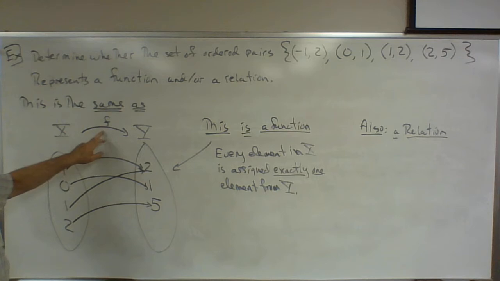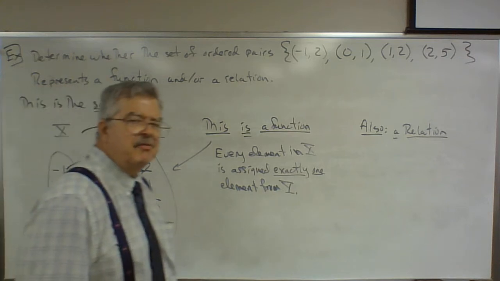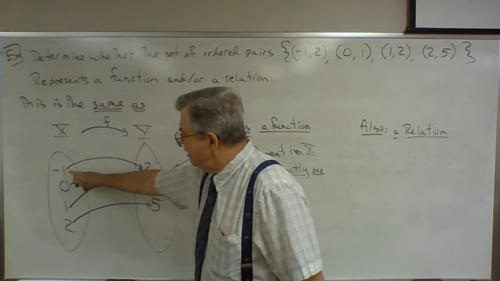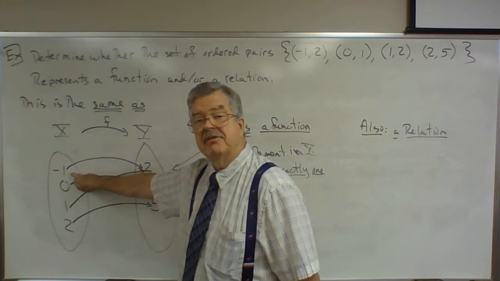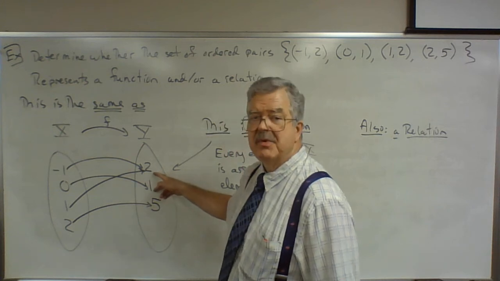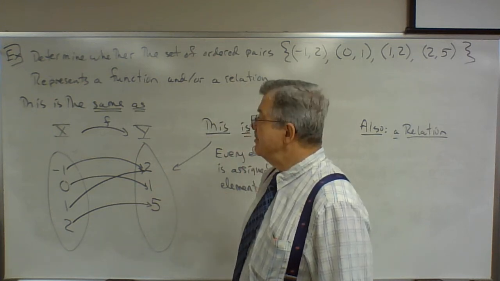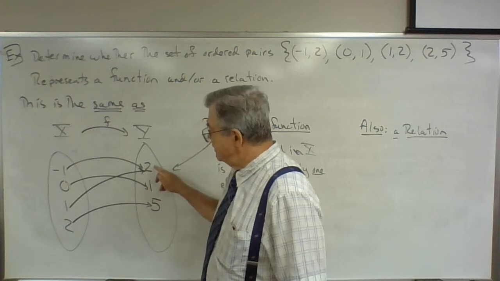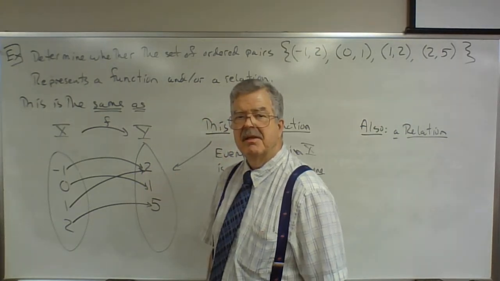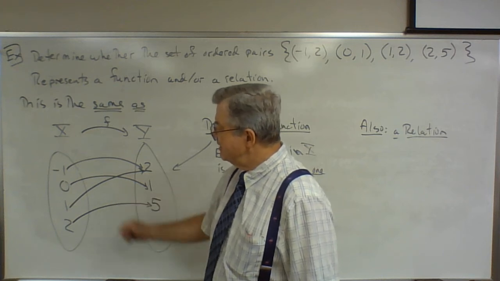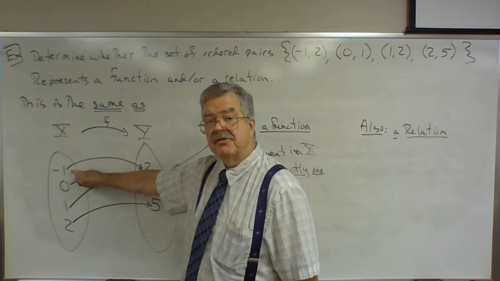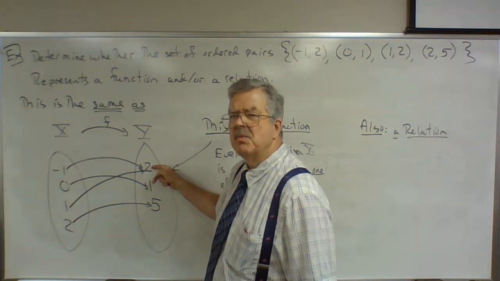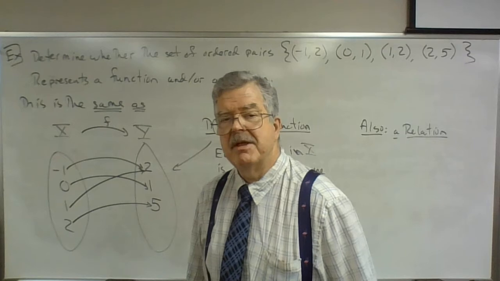What would have disqualified this as being a function would have been if we had one element in set X being paired with at least two elements of set Y. Remember, a function takes an element in set X and it assigns it exactly one element in set Y. So in order for this not to be a function, we'd have to have some element in set X assigned to not exactly one element in set Y, but more than one element in set Y. Ooh, that would be a problem.